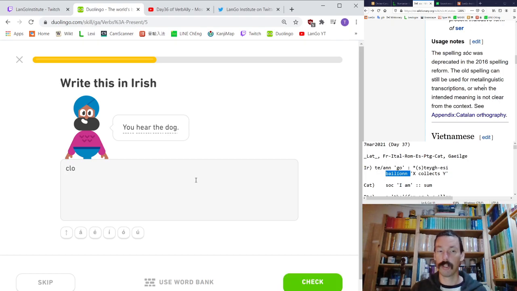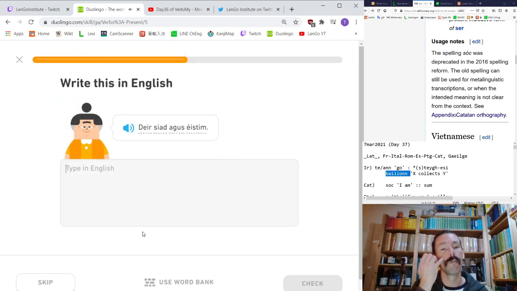C-L-O. So that part's not slender. Ish is slender, and the rest, again, not. It's broad. An madra, the dog. All broad there. Deir siad agus éistim. Deir siad. Verb first, it's they say. Oh, deir, like dicere in Latin.